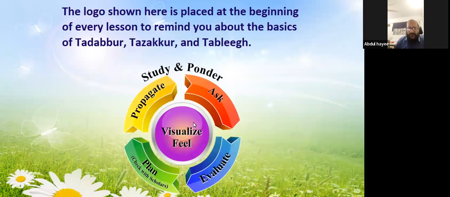The logo here shows you the complete cycle, how you can do this. You can begin every lesson to remind you about the basic tadabbur, tazakkur, and tabbur. These are the four aspects of this.